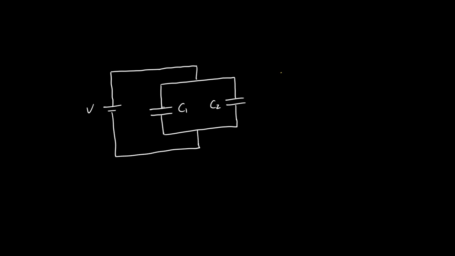Now, I want to play the same game as yesterday. I want to take a dielectric and insert it into one of the capacitors and talk about how that's going to change this system.